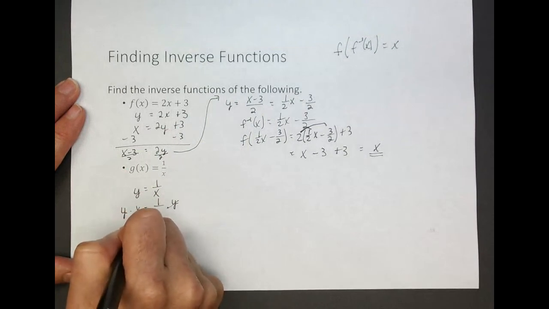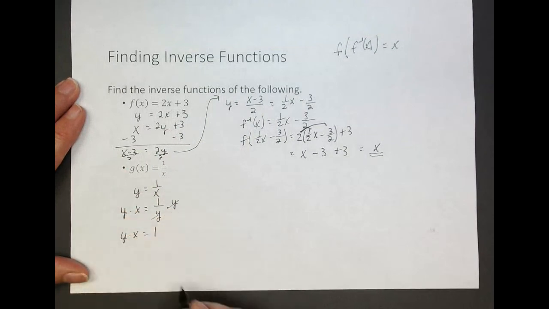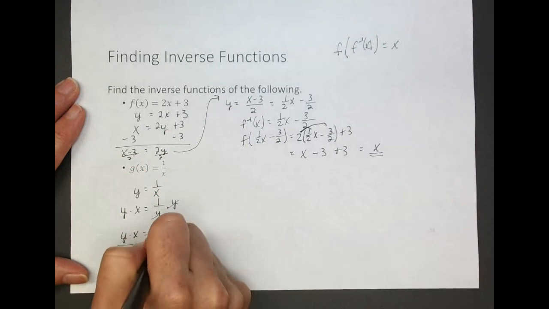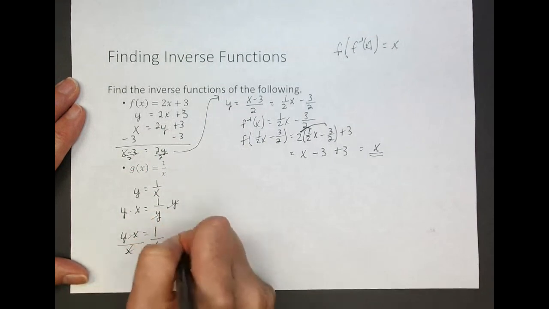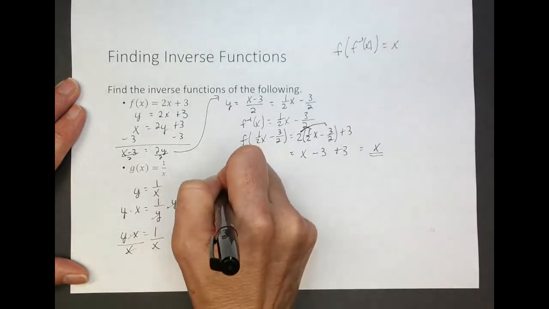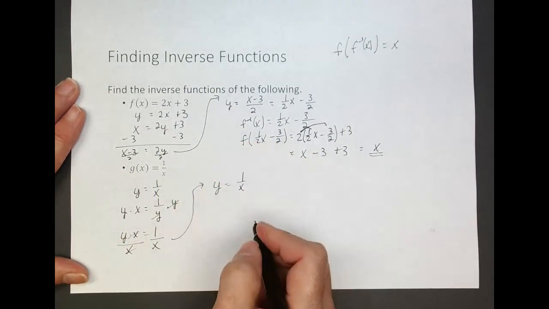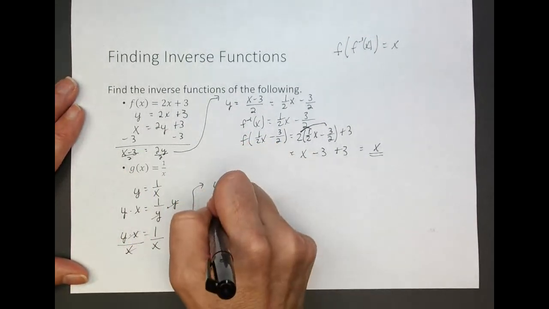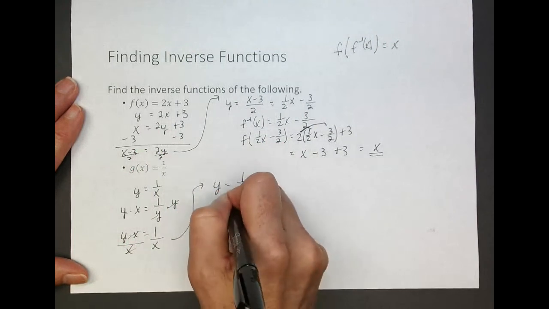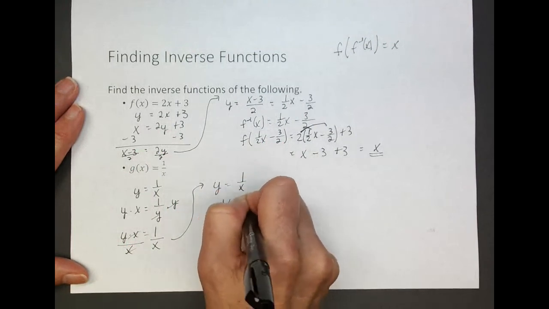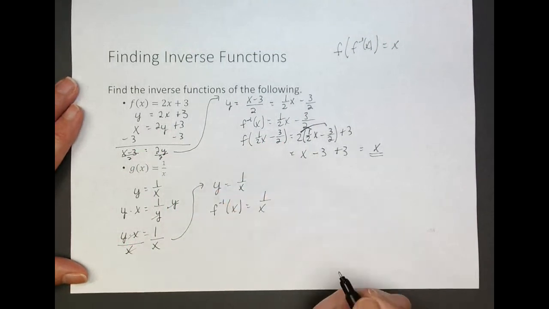So then y times x equals 1. And solving for y means I'll have to divide both sides by x. So there's my equation, y equals 1 over x. We'll write that now in function notation. So g inverse of x is 1 over x.